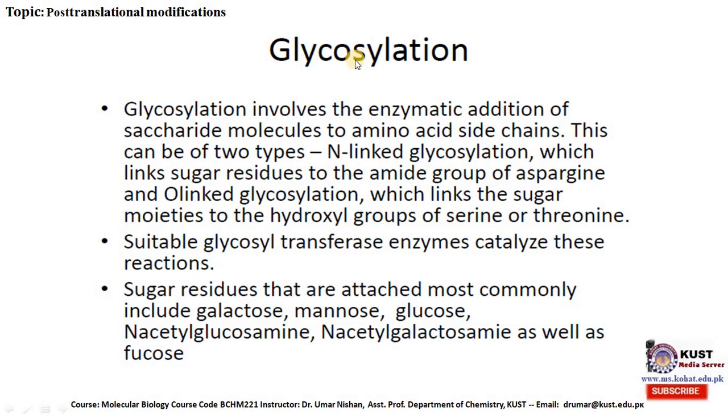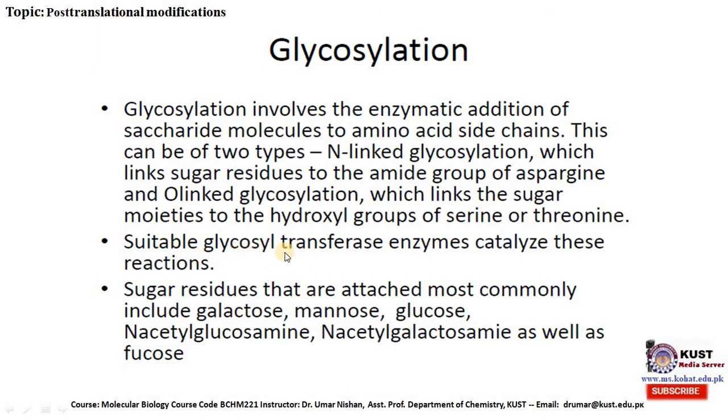Glycosylation, another process of post-translational modifications, is glycosylation. Glycosylation involves the enzymatic addition of saccharide molecules to amino acid side chains. This can be of two types: N-linked glycosylation, which links sugar residues to the amide group of asparagine, and O-linked glycosylation, which links the sugar moieties to the hydroxyl groups of serine or threonine.